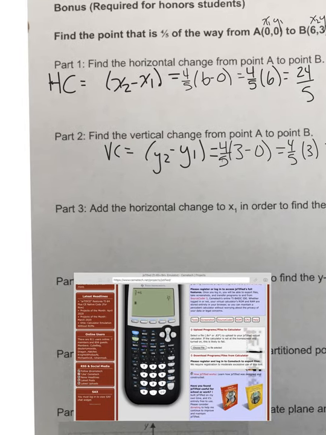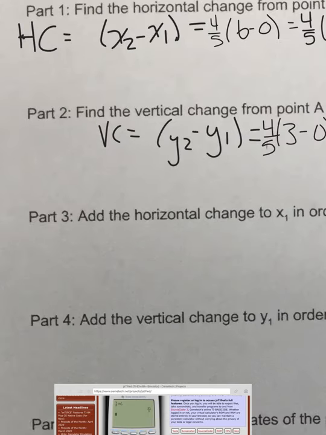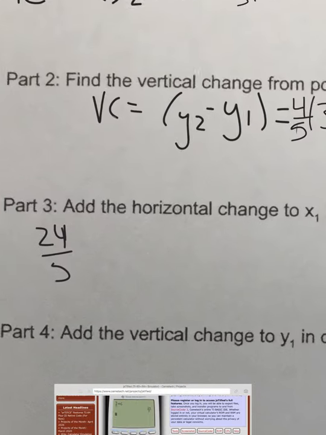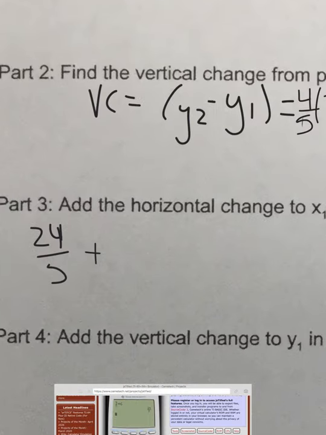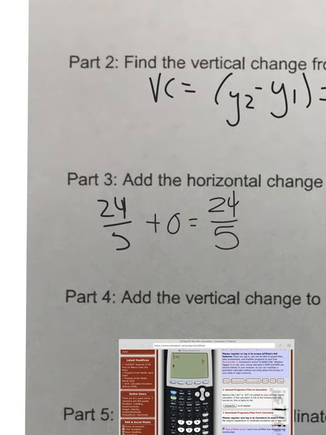Now, it says to add the horizontal change to x1. My horizontal change was 24 over 5. If I look back up here, I see that my x1 was 0. 24 over 5 plus 0 is 24 over 5.